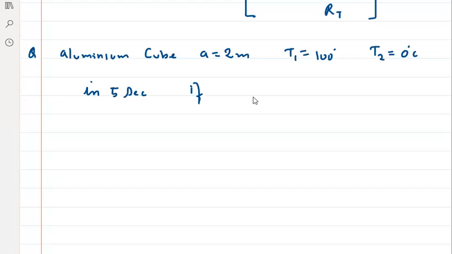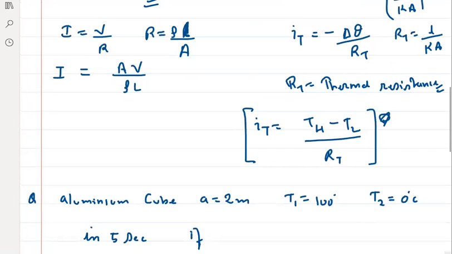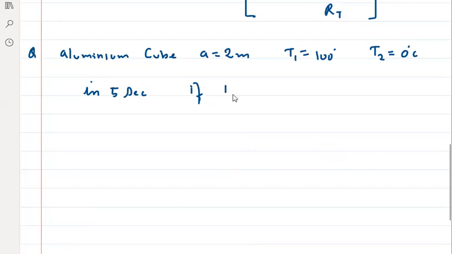K is called thermal conductivity, by the way, because it is 1 by K in resistance. So K is thermal conductivity. Sorry, I just thought that you might know already. So if thermal conductivity K is given as 209 watt per meter degree centigrade, think about it.